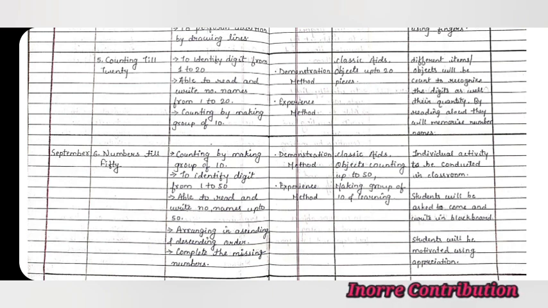Method: demonstration method, experience method. TLM: classic aids, objects counting up to 50, making groups of 10 and learning. Activity: individual activity to be conducted in the classroom. Students will be asked to come and write on the blackboard. Students will be motivated using appreciation.